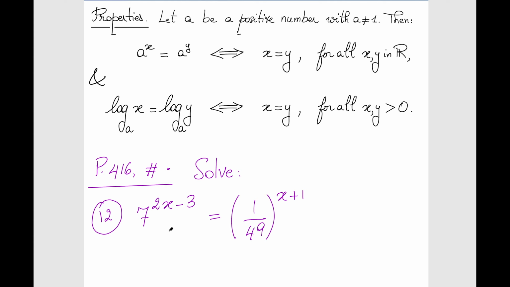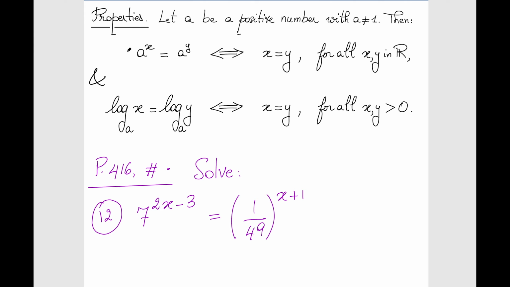This is clearly an exponential equation because the variable occurs in the exponent. All right, so the base here on this side is 7. If I manage to rewrite the right side as 7 to some power, then because of the first property mentioned here, whenever this happens, that's exactly the same as the exponents matching.